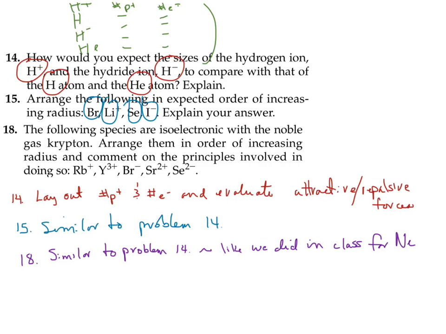See, bromine looks like krypton. Bromine and selenium. And then the next period, the cations are rubidium, strontium. Yeah, those are all isoelectronic with krypton. So this is very similar to what we just did with things that were isoelectronic with neon.